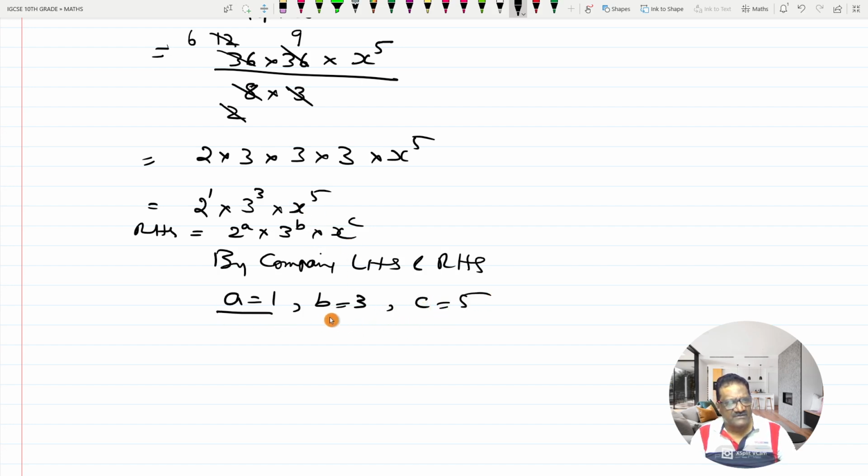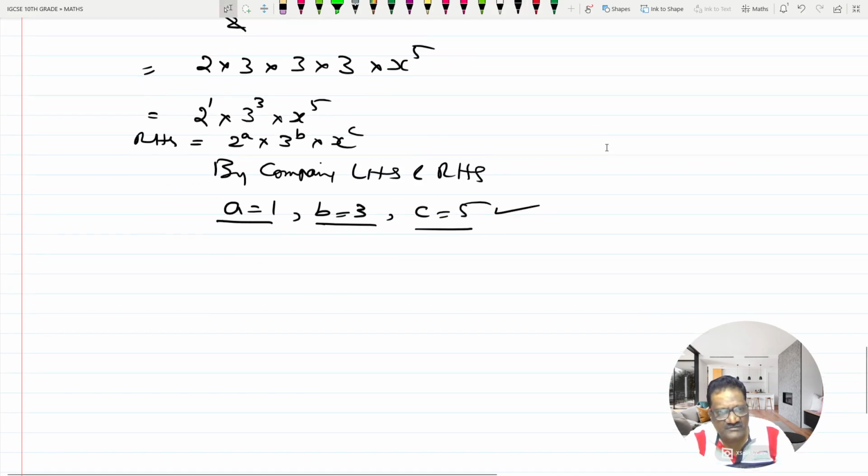So these are the values of a, b and c that I get. Okay, so my answers are, for a, my answer happens to be 1, for b 3, and for c 5, and that's perfectly correct. Okay, that was question number 3.